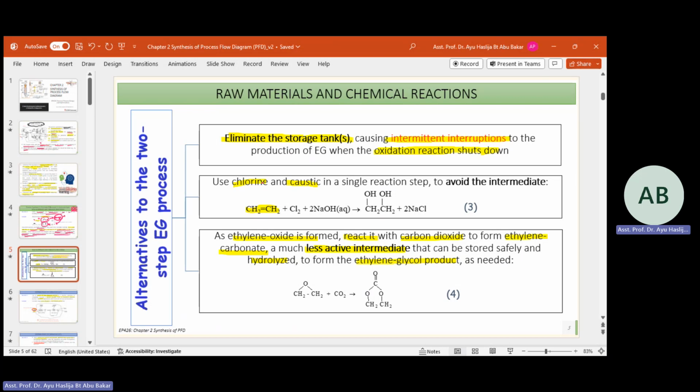This is one alternative to the two-step EG process: either eliminate the storage tank, which causes intermittent interruptions when the oxidation reaction shuts down, or use chlorine and caustic in a single reaction to avoid the intermediate. This can be your alternative reaction that you can consider.